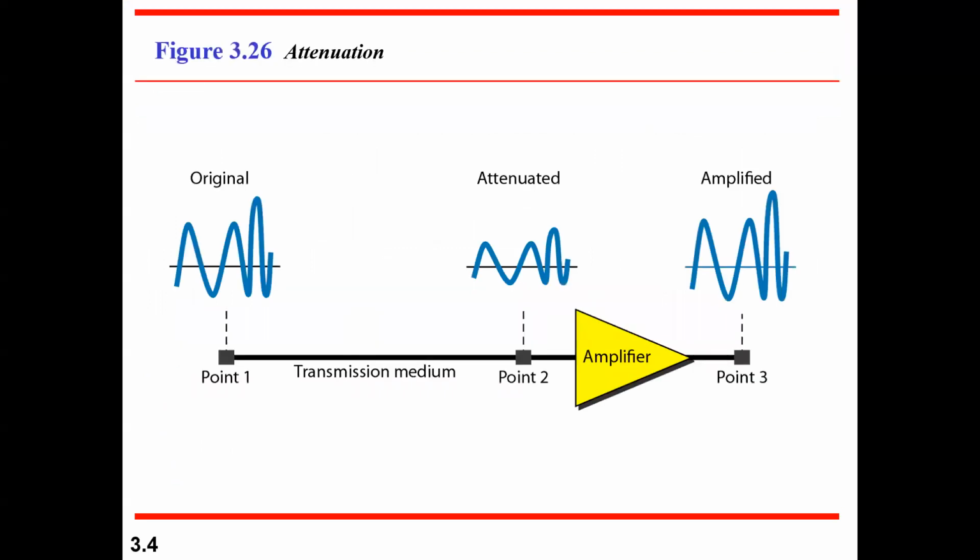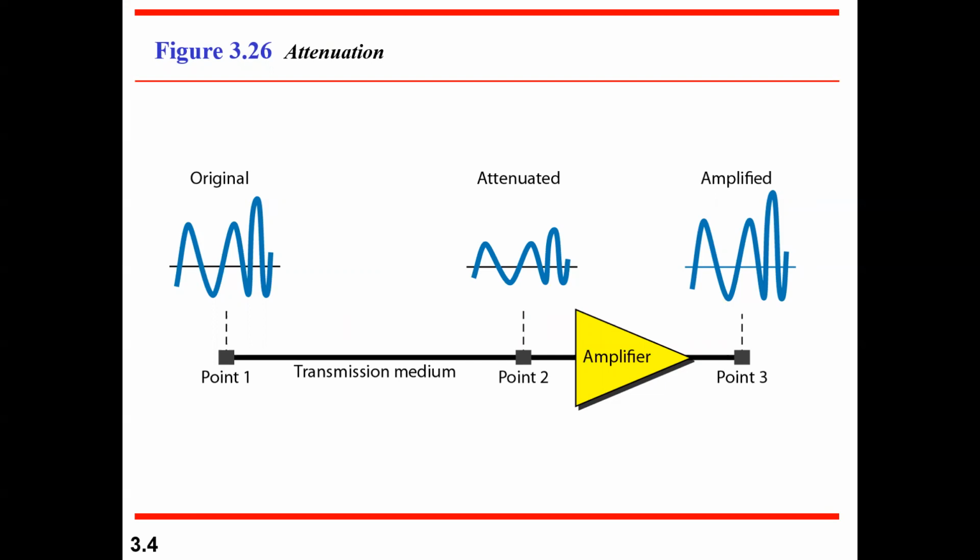So starting with attenuation, if you see the original signal, while the signal is traveling through the transmission medium, at some point the signal changes its form. If you look at that example there, attenuated, and then with the use of an amplifier, the signal can be corrected.